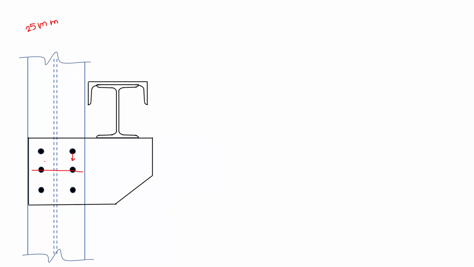Where we have this CG, we have to draw horizontal line which will divide your bolt group in two parts, and vertical line which will divide your bolt group in two parts. So now this is the R which will connect CG of bolt group and center of bolt. And we have to draw perpendicular line to this, which will give you Fm, force due to moment.